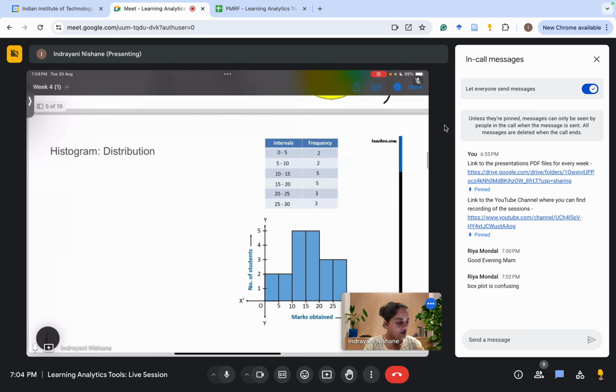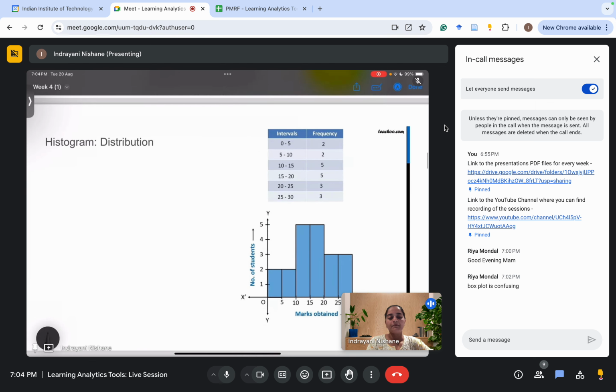Next, histogram. So a histogram is mainly used for giving the distribution of data points across the range, the entire permissible range. So these are marks out of 30. This histogram is actually used for marks of students out of 30.